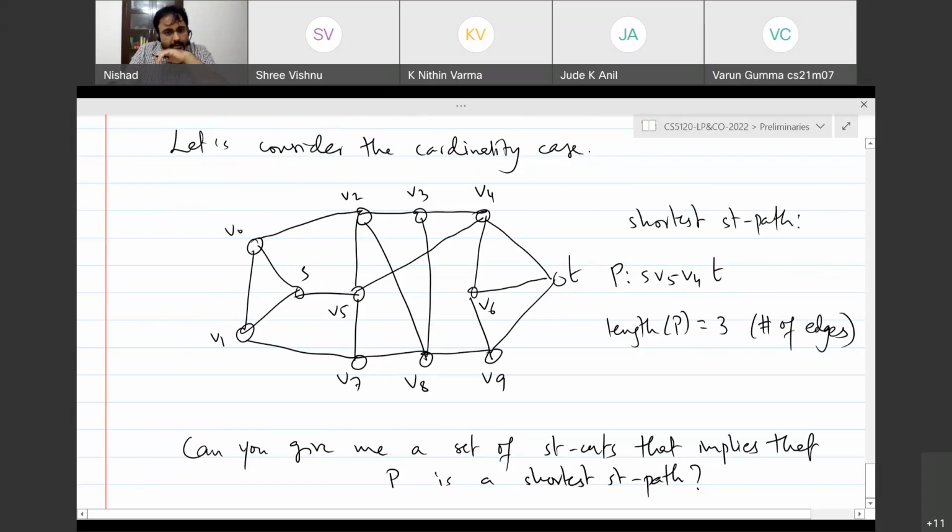And those 3 ST cuts should prove that this is the best you can do. Right, so I'm looking for 3 sets, Z1, Z2, and Z3, so that if you look at the corresponding cuts, then somehow they imply that this is the shortest ST path in this example.